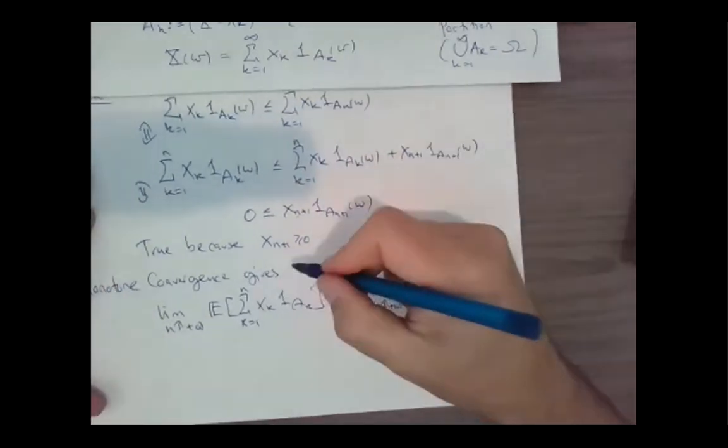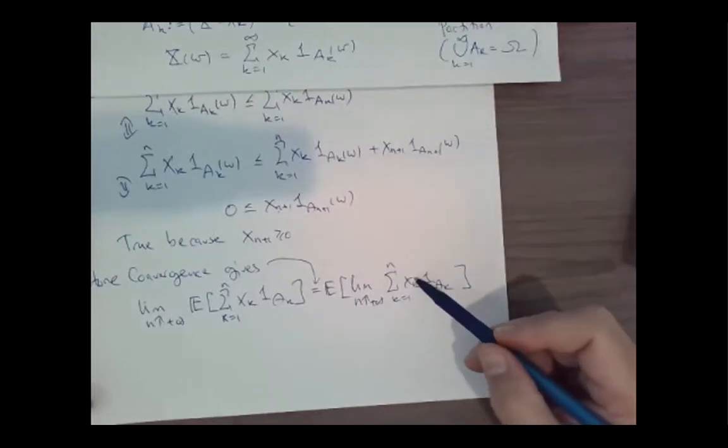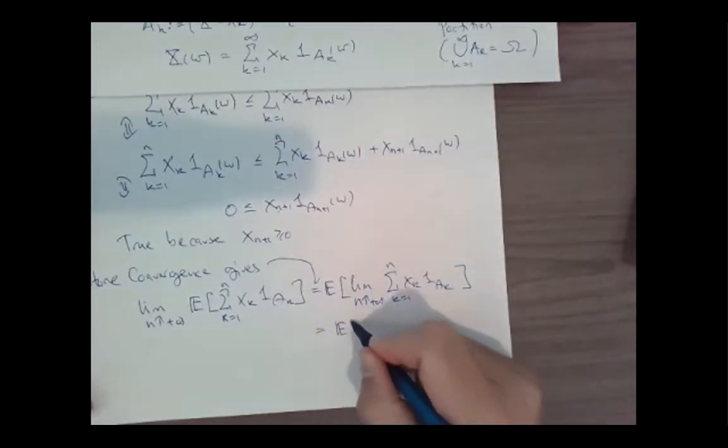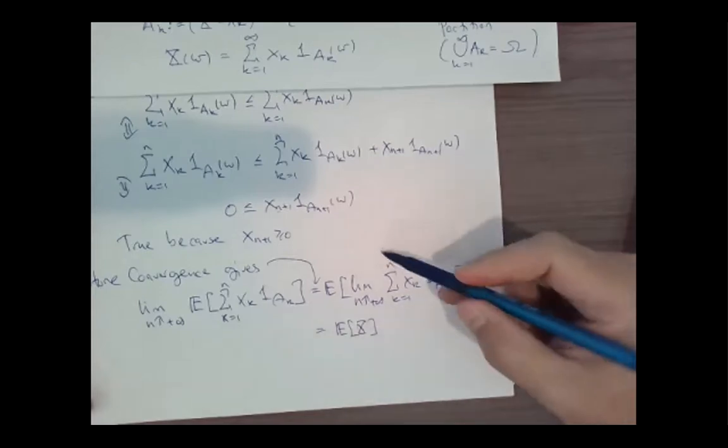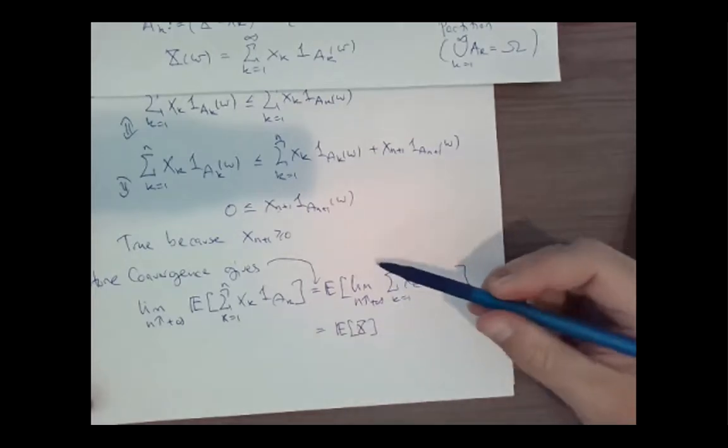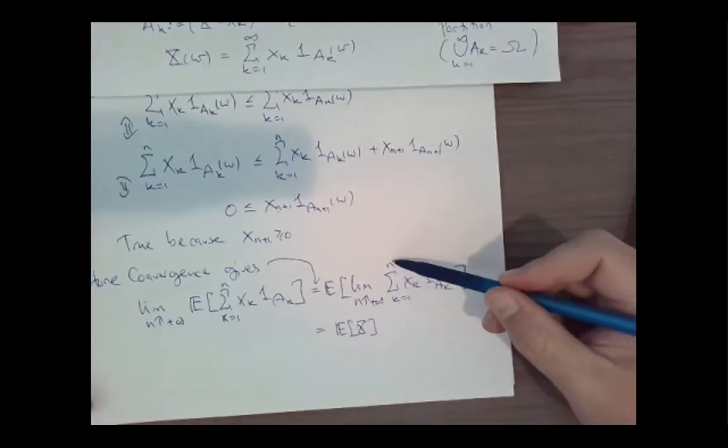So that's the monotone convergence theorem. It gives us this one. Now this limit here is exactly the expectation of x. When n goes to infinity, this sum becomes the sum from k equal 1 to infinity. That's my x.